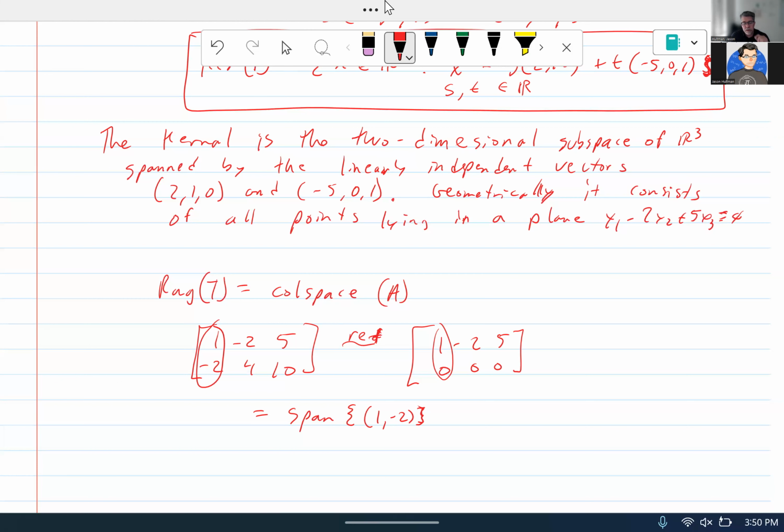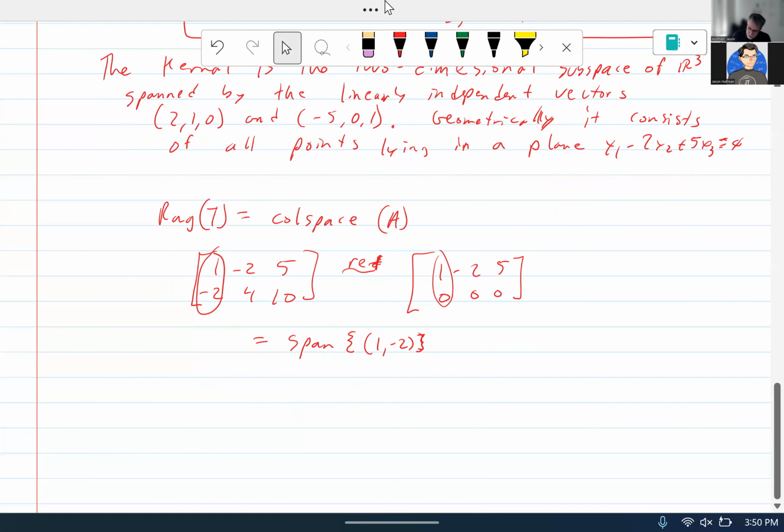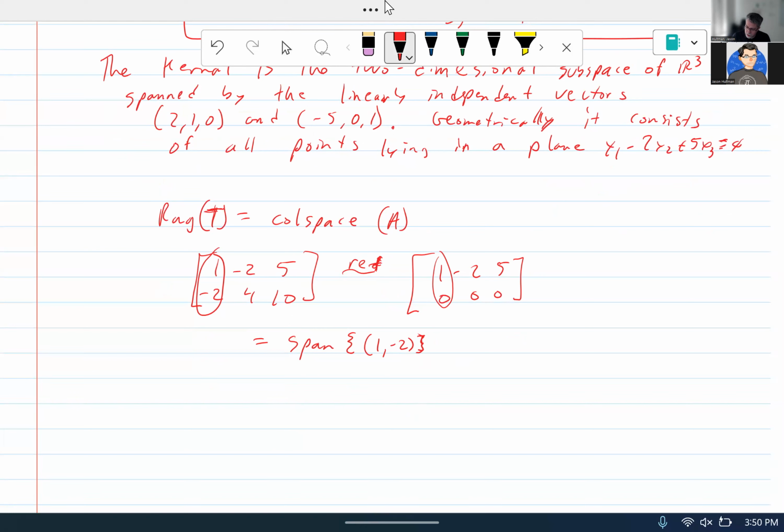a certain line. So the range, okay, the range, if you kind of plug this in, and you got, say, that we said that this was y1, minus 2y2 is equal to 0, right?